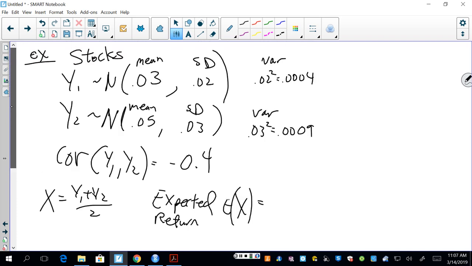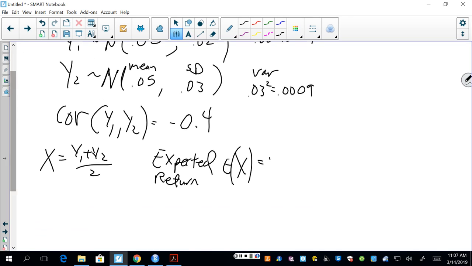For averages, it's just the average of these two returns. So you'd be at 4%. 0.03 plus 0.05 over 2, so about 4%. So that's better than one stock, but it's less than the other one.